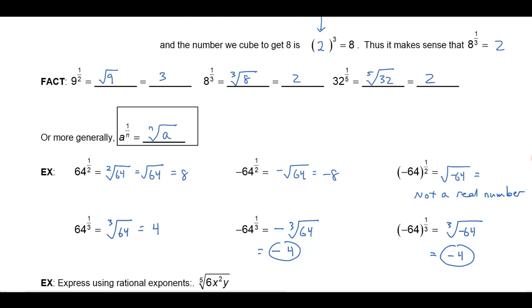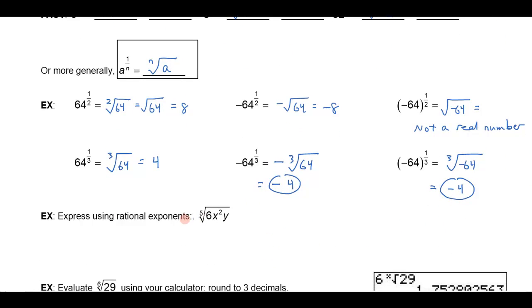If I wanted to express the 5th root of 6x squared y using rational exponents, I could just write it as 6x squared y, that's my base, raised to the 1/5 power, since the 5th root is the same thing as raising it to the 1/5 power.